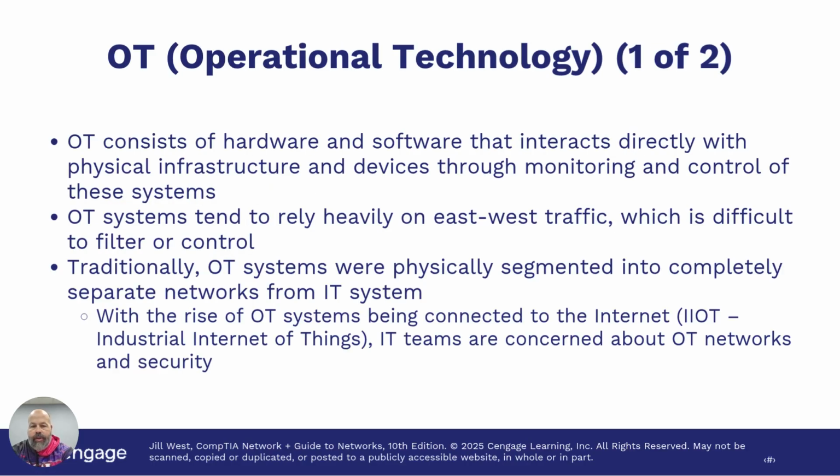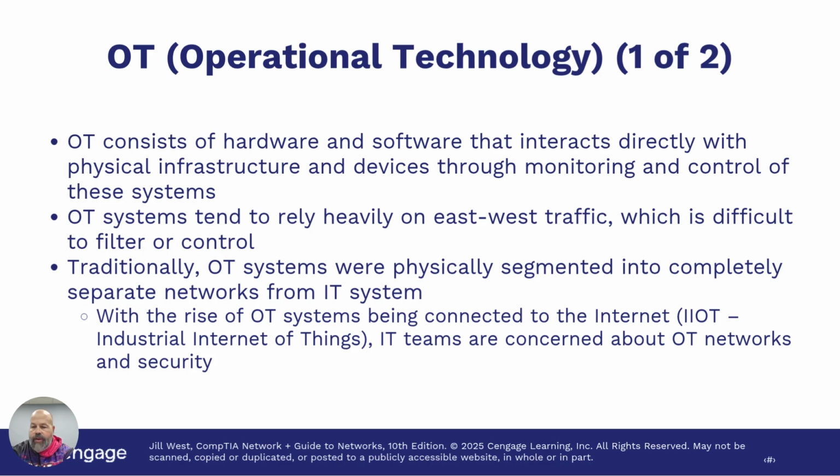Operational Technology, which is shortened to OT, is the stuff that actually controls the physical things, like factory robots or power plants or HVAC systems. OT is like the difference between your computer and your car's computer. OT systems love something called east-west traffic, which flows horizontally between devices rather than up to the cloud.